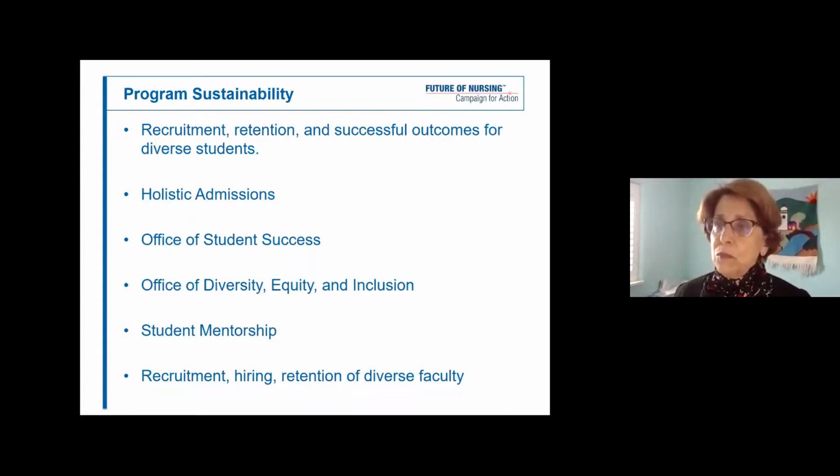We have made a move in nursing to go to holistic admissions. I don't know about you, but when I began my nursing studies in the 70s, and I was admitted to a college, there was no holistic admissions. And truthfully, if you didn't make it in nursing school, if you didn't pass a certain skill or pass a certain test or pass a certain level, there was no remediation.